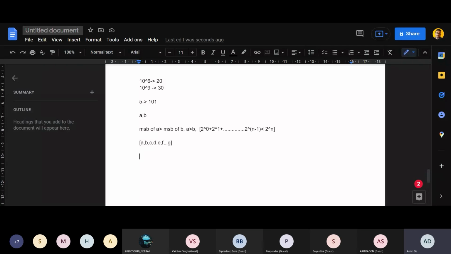Let's say you have chosen some numbers, and let s be the set of numbers you have chosen.